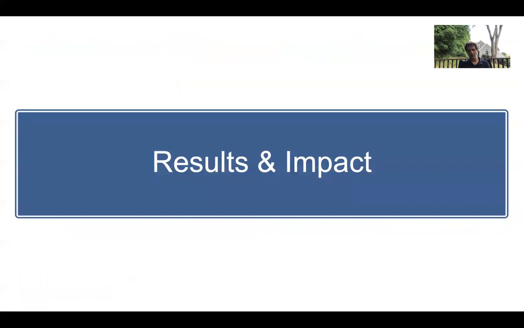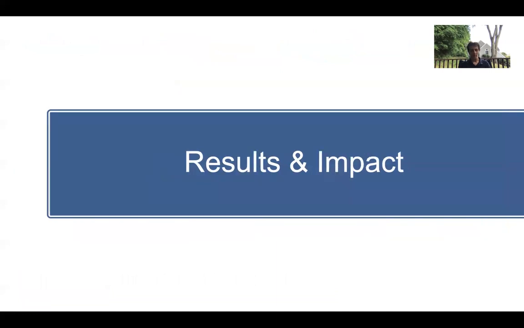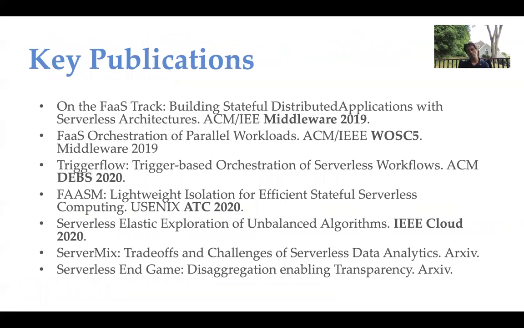Let's review the major results in this year and a half. First of all, we have key publications that I already mentioned before. We have the Middleware 19 conference where we published this crucial framework. We also have this paper in Middleware, in WoSC, where we analyze different serverless orchestration technologies. Then we have TriggerFlow about serverless orchestration in depth this year.